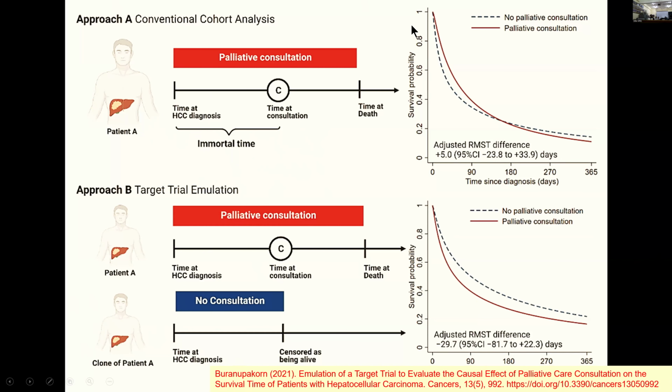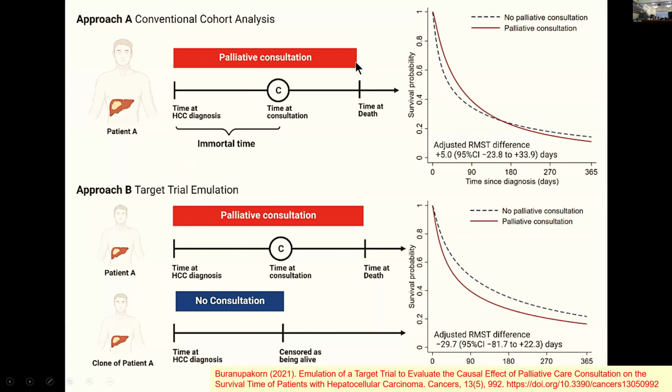If you follow the data for palliative consultation versus no palliative consultation and you don't account for this immortal time bias, it looks like neither has a benefit. But if you take it into account using this target trial emulation, then it appears that there is some benefit, and the survival probability of these two groups is slightly different.